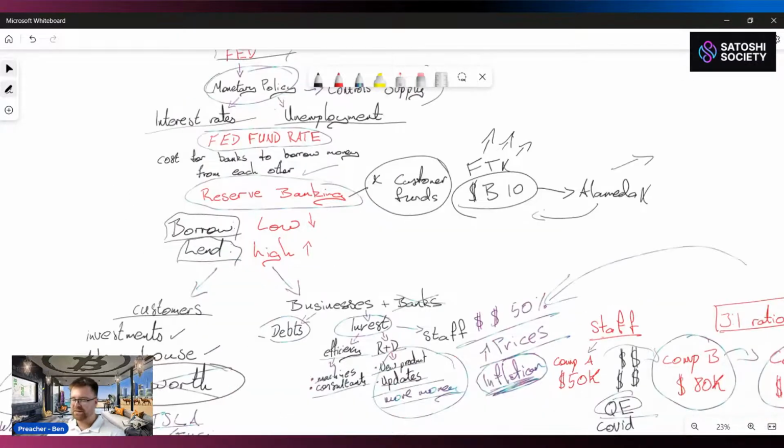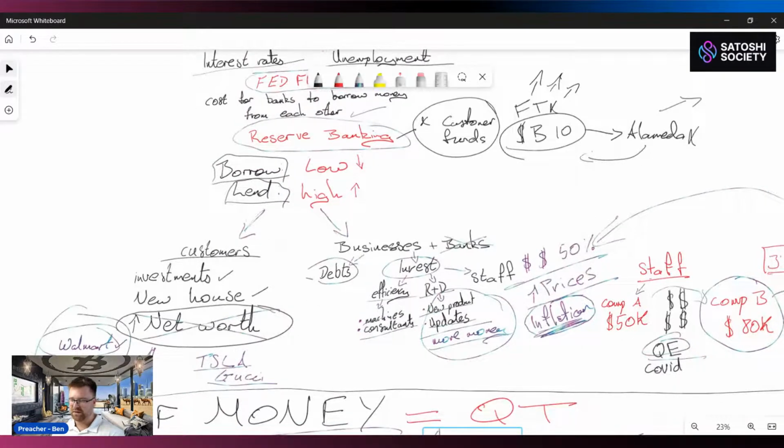So then this means that you borrow less money as a customer, because you go to Walmart or you go to Asda and you don't go out buying Gucci. And then this also means that businesses have no money for R&D. They have no money to make their businesses more efficient. Then the prices start coming down for the staff as well, or they start cutting staff to try and save money.